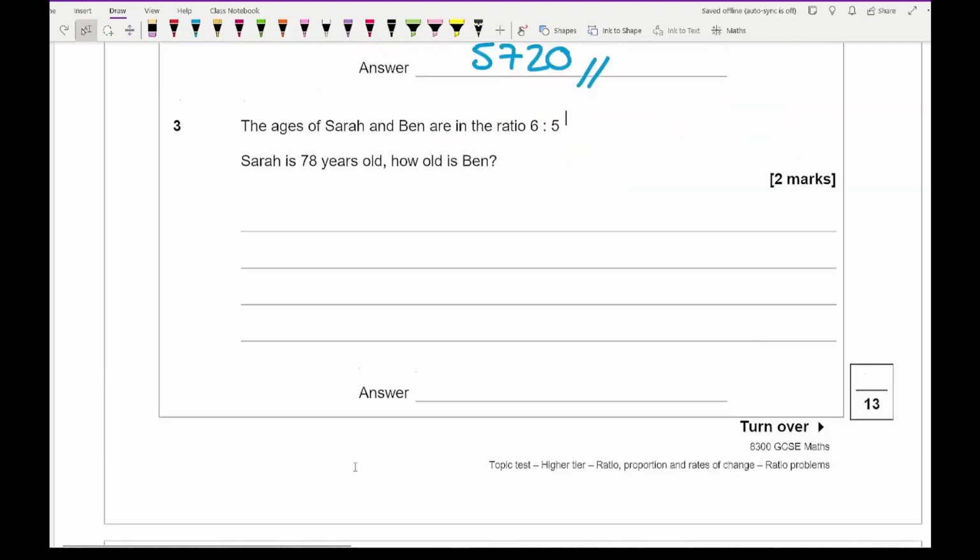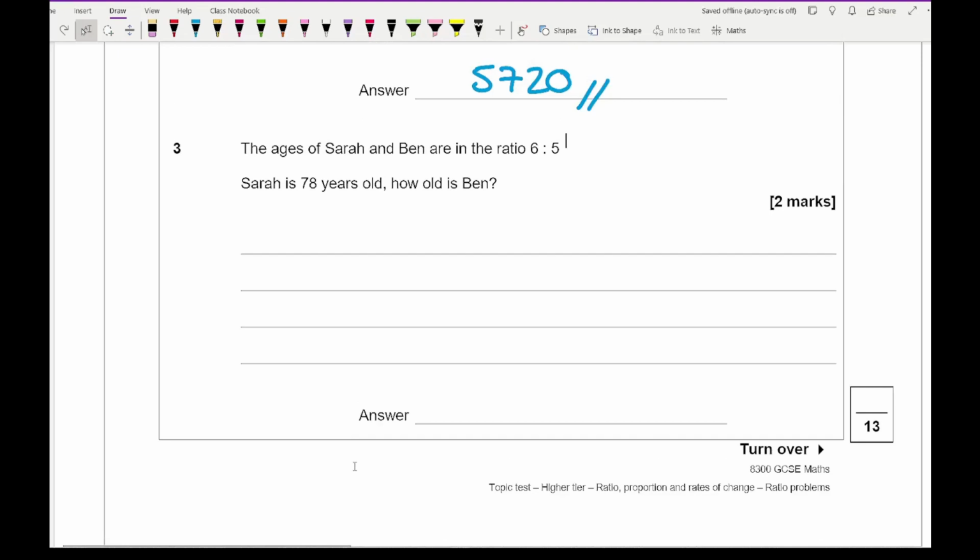Moving on to question 3, it says the ages of Sarah and Ben are in the ratio of 6 to 5. Sarah is 78 years old. How old is Ben? So again, writing the ratio and labelling. So we've got Sarah, we've got Ben, we've got 6 parts to 5, and it tells us that Sarah is 78. So taking this, what I know is that 6 parts equals 78.